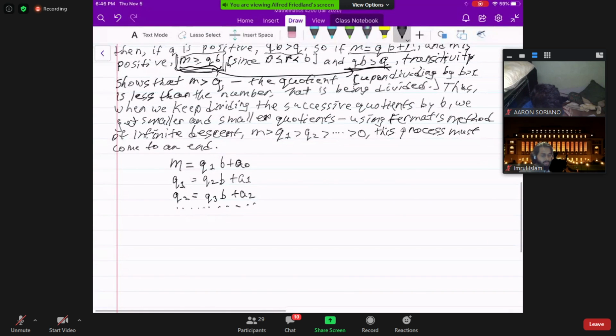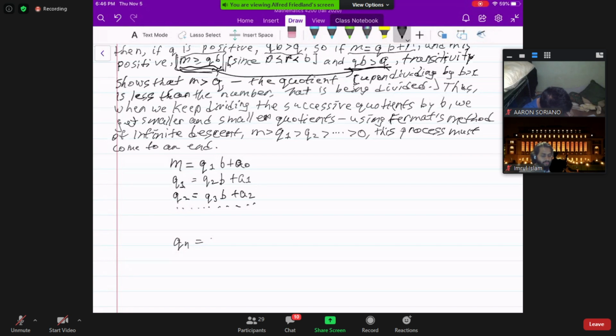Leave a couple of lines there. Eventually, you can't keep making these q's smaller. So eventually, you're going to get to some q sub n where you can no longer divide q sub n by b.